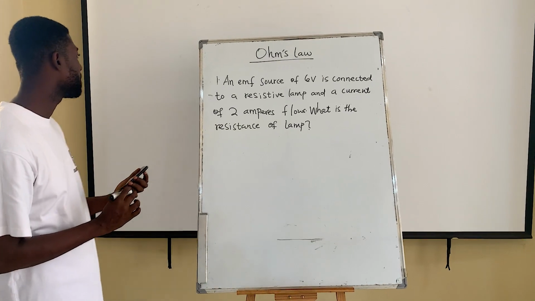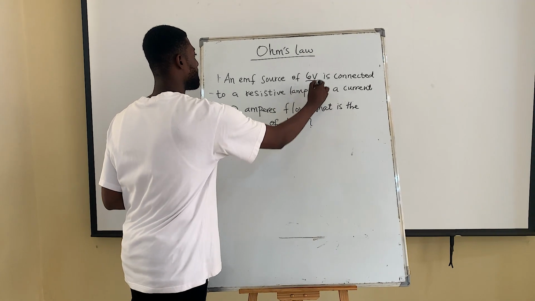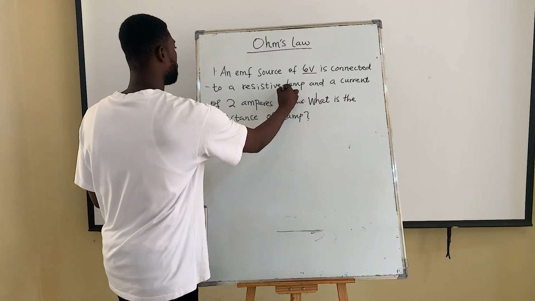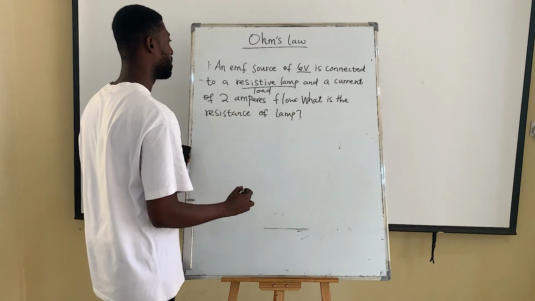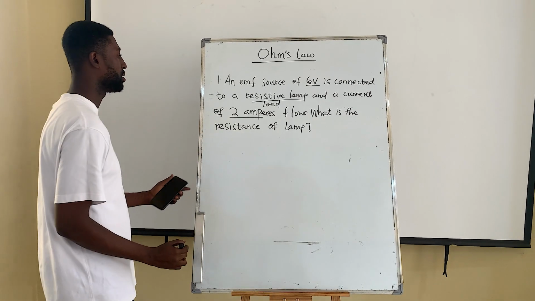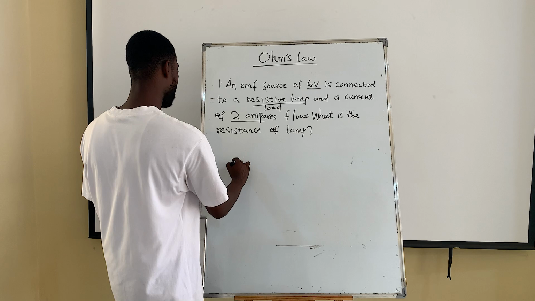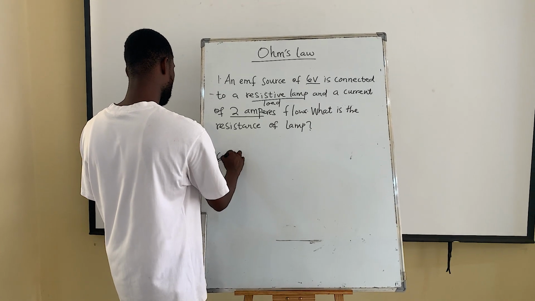From the question, we have an EMF source of 6 volts connected to a resistive lamp. So this is the load, a resistive lamp, with a current of 2 amperes. What is the resistance of the lamp? If you are supposed to have this simple circuit, this is my 6 volts.